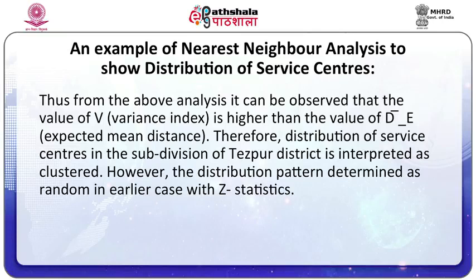Thus, from the above analysis, it can be observed that the value of V, that is the variance index, is higher than the value of D bar E, that is the expected mean distance. Therefore, the distribution of service centers in the subdivision of Tezpur district is interpreted as clustered.